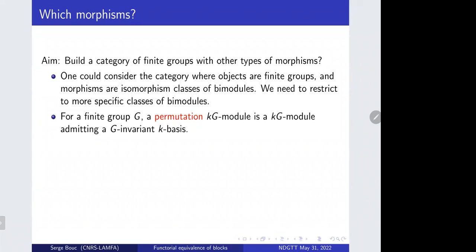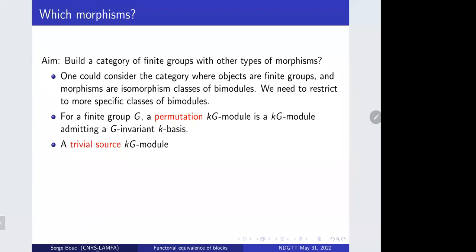We would like, in addition, that the modules we consider, or the bimodules we consider, be closed under taking direct summands. This is why we consider a more general notion, which is the notion of a p-permutation KG module. There are different terminologies for that in the literature.